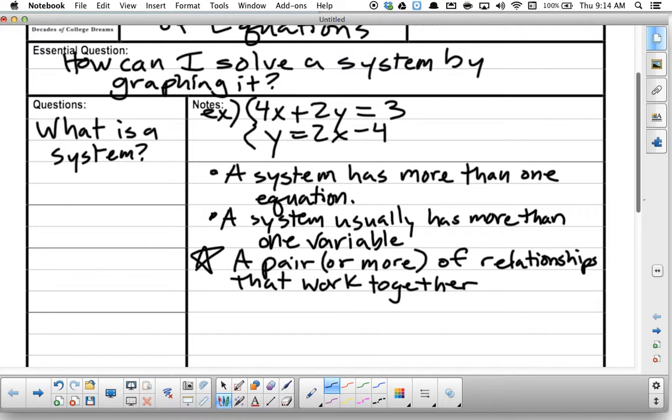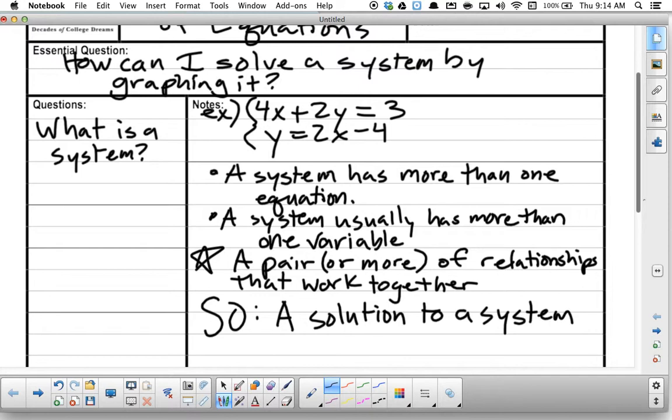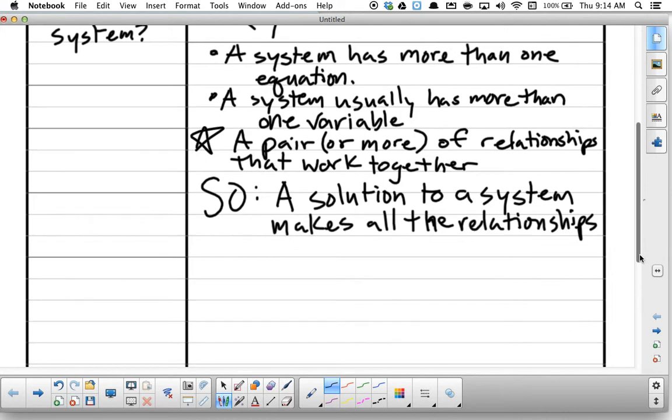A solution to a system makes all the relationships in the system true.